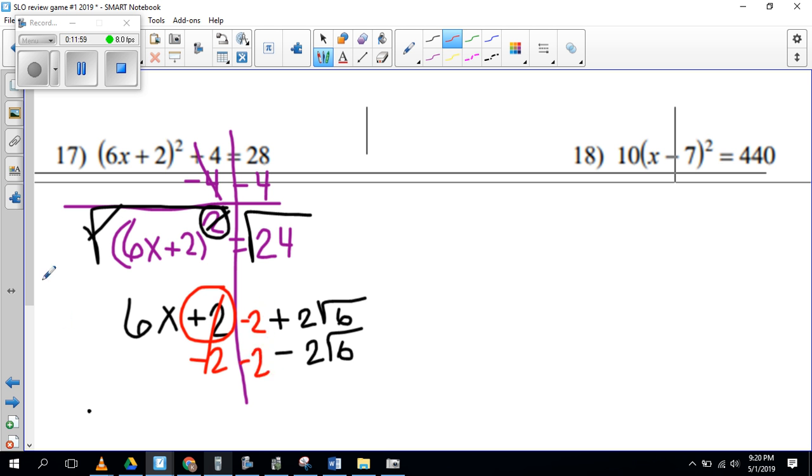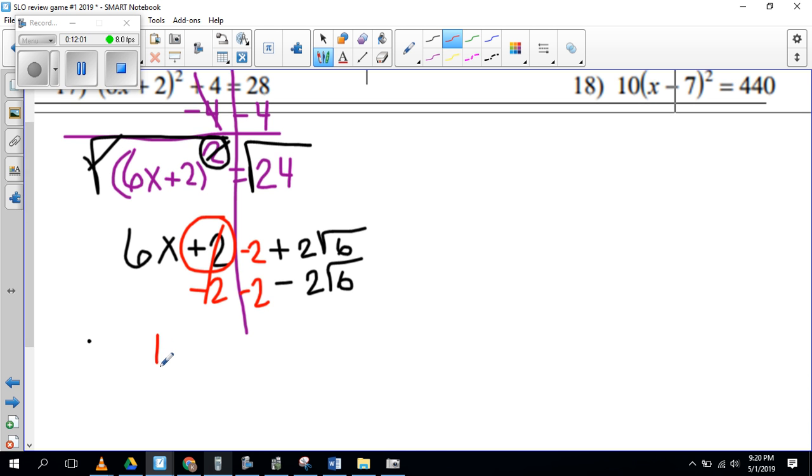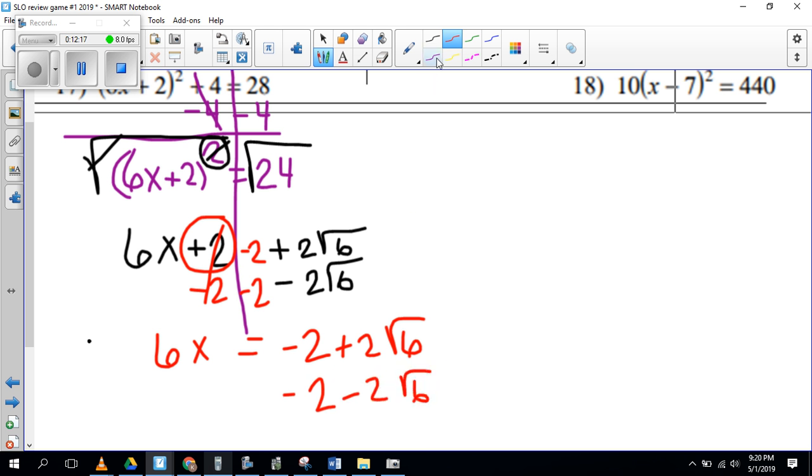And then we're left with 6x equals that. And I'm pretty sure we're not going to have one that's this involved. But I'm just going to show you just in case. And then the last step, we got to get x by itself. So we got to divide by 6 because 6 is being multiplied.